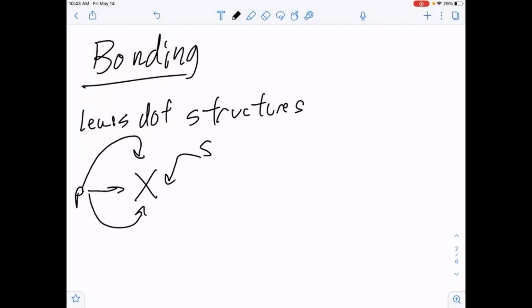So you want to write this down somewhere in your notes, wherever you keep notes, whether it's Notability or on a piece of paper. So suppose we were going to do nitrogen. No, let's do phosphorus.